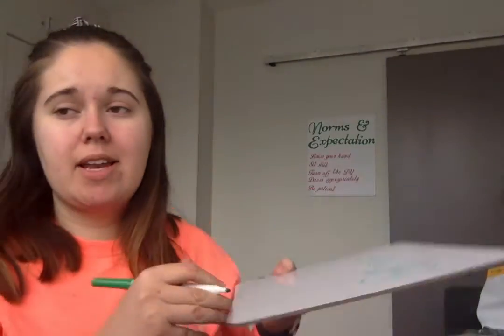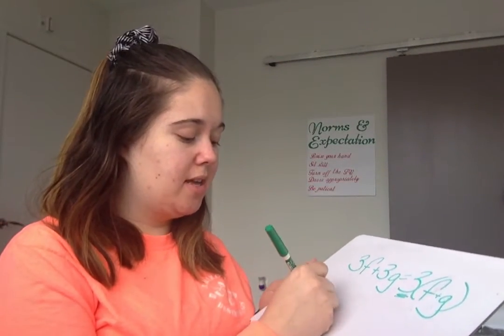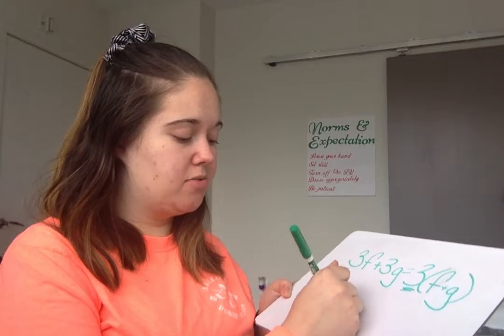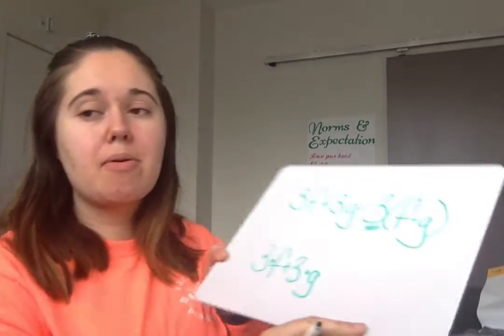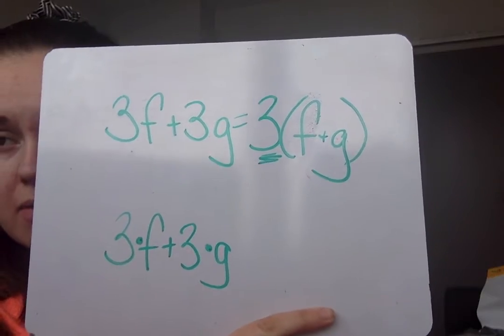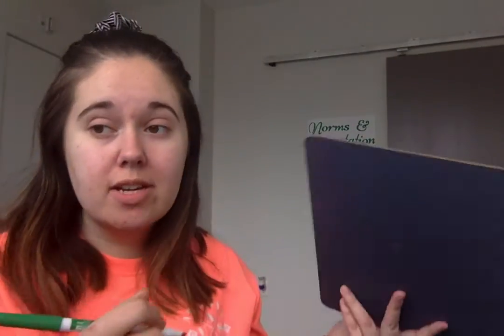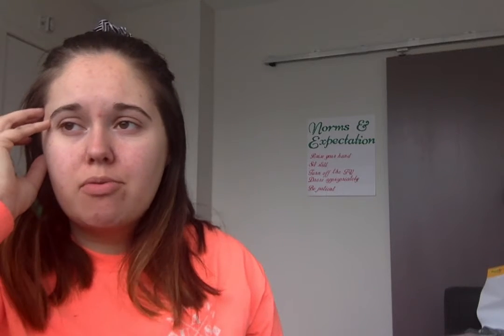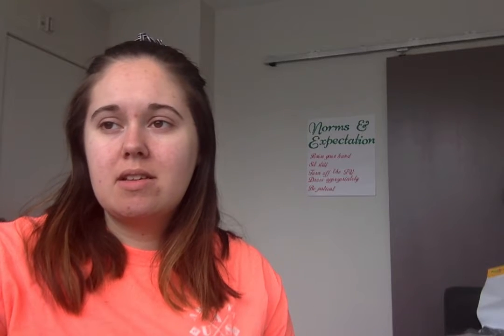If we wrote it in expanded form, we would say 3 times f plus 3 times g. That's what we were working on yesterday. And what is the greatest common factor here? The greatest common factor is 3. So how can we use that greatest common factor to rewrite the expression? 3 goes on the outside, and the f plus g goes inside the parentheses.